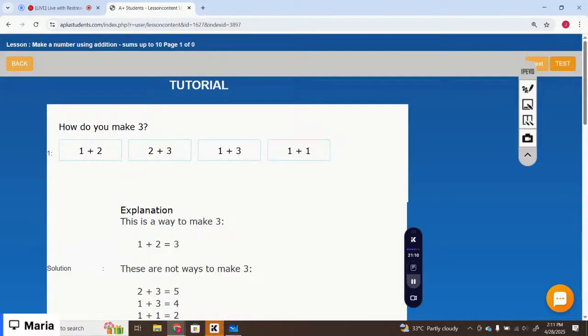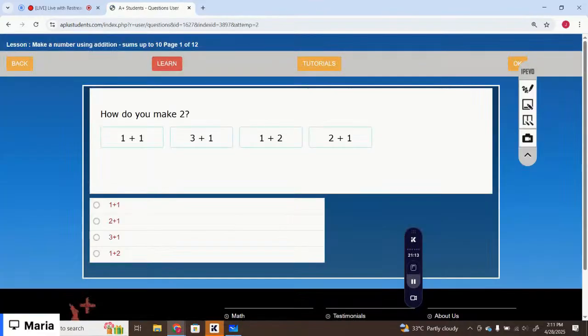Let's start with the test questions. How do you make 2?